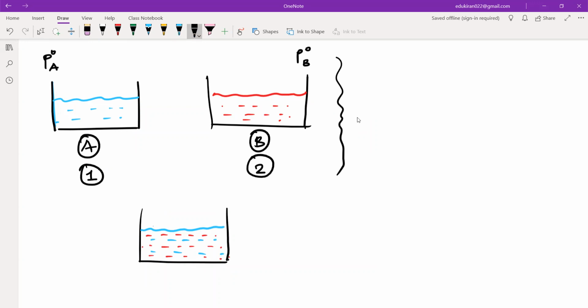So can I say that some of the liquid A will be escaping out, है ना, due to evaporation, and it will be applying a pressure of PA. Correct? Yes or no? ये समझ में आ रहा है तो बताइए. Yes, sir. And it will not apply the pressure P naught A because it is not pure. Correct?